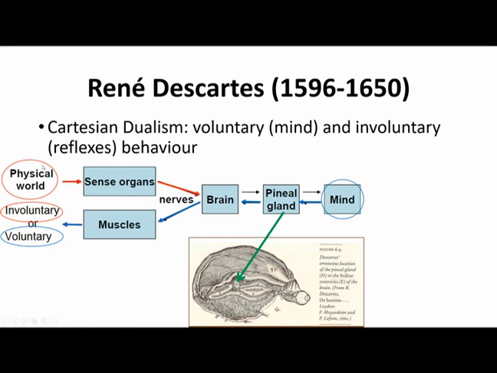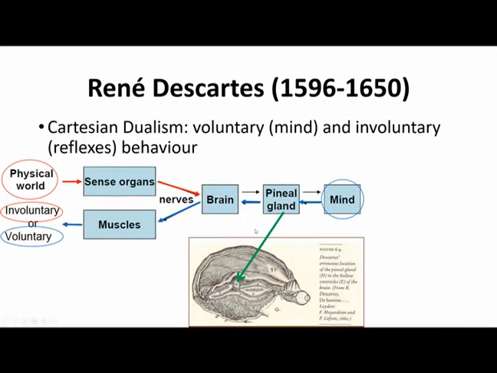So that involuntary pathway is much shorter. It just goes up to the brain and back again, where it sort of bounces in and out, whereas our voluntary behaviors, the blue stuff, start in the mind and are sort of a one-way direction out.